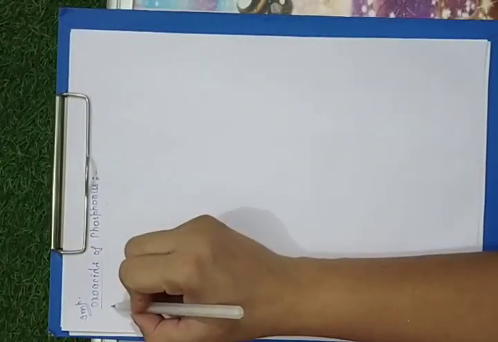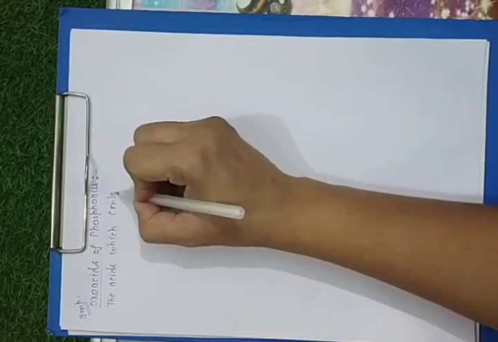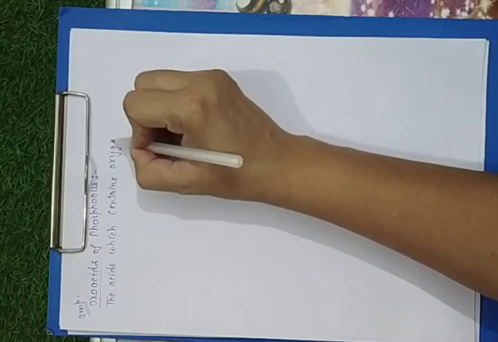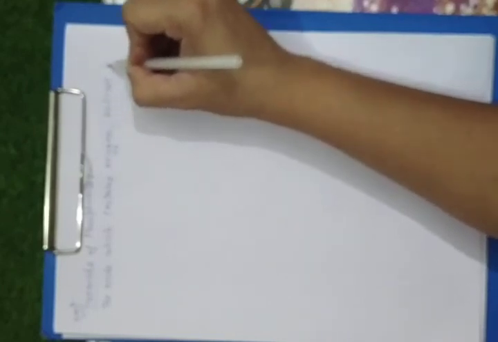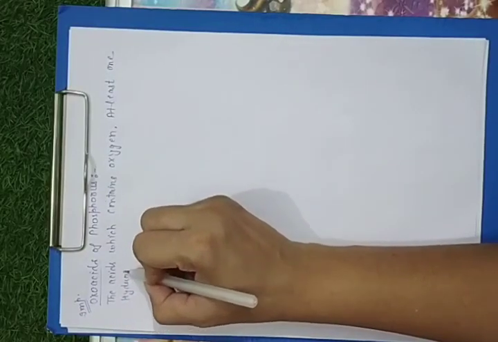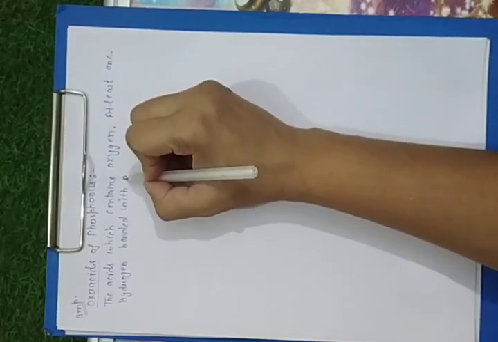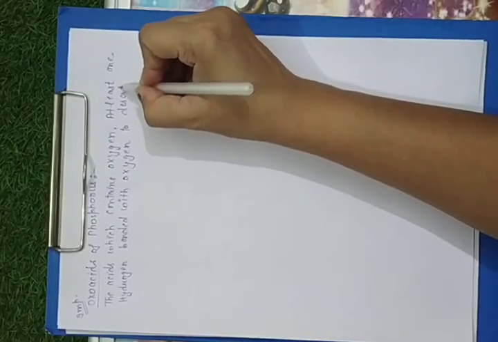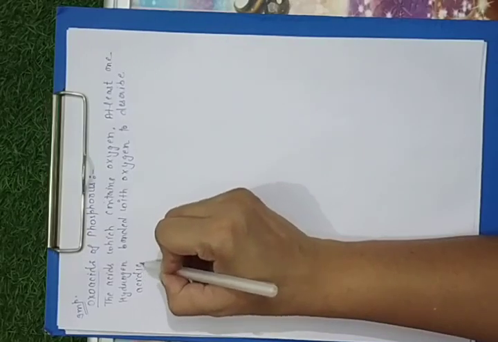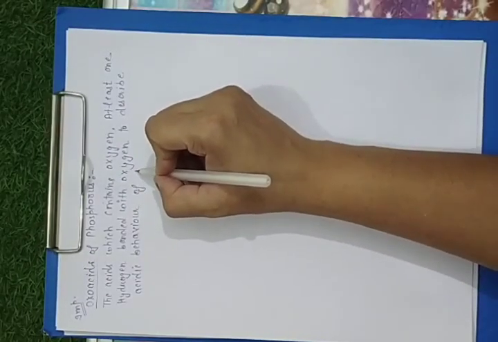What are these oxoacids? The acids which contain oxygen, and in these at least one hydrogen is bonded with oxygen to describe the acidic behavior of the acid.